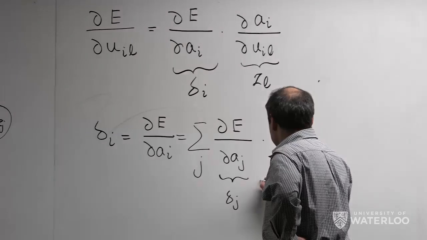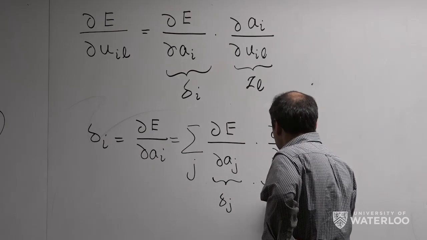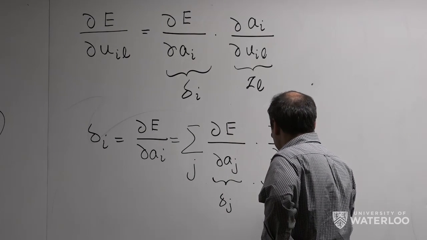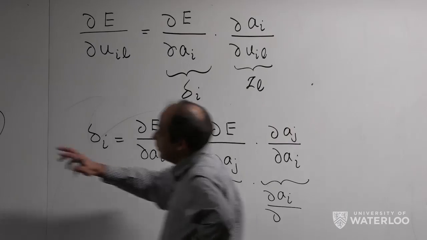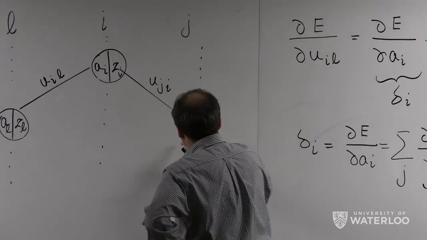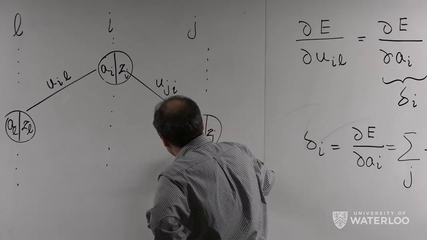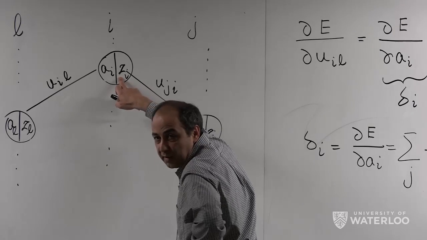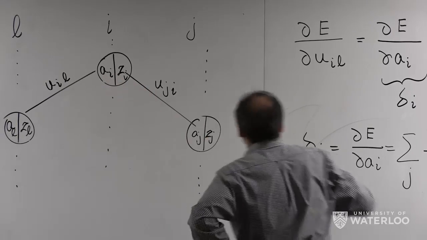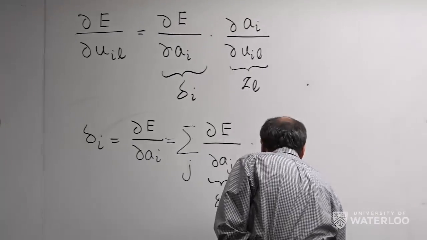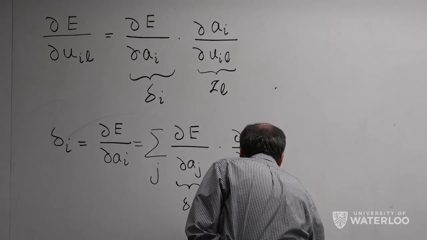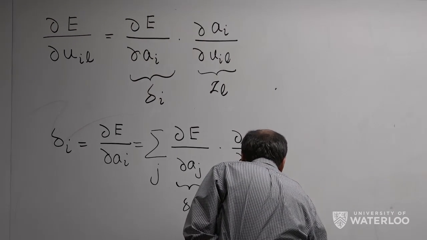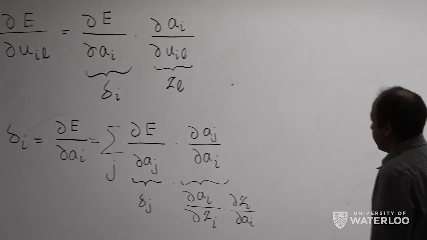So this term, AJ with respect to AI, I will write it as AJ with respect to ZI, and then ZI with respect to AI. Okay.